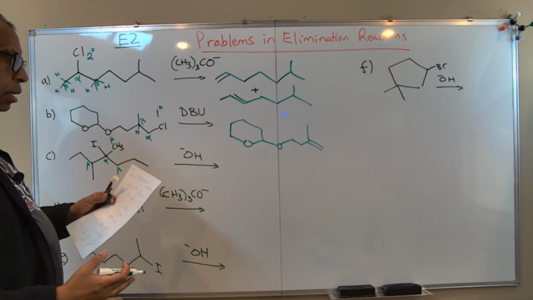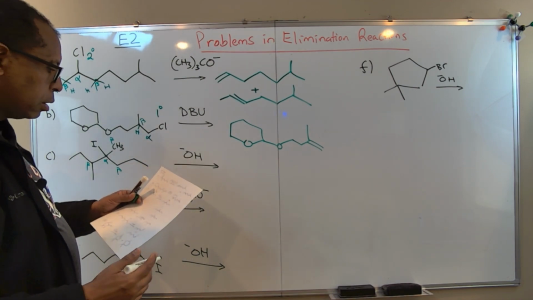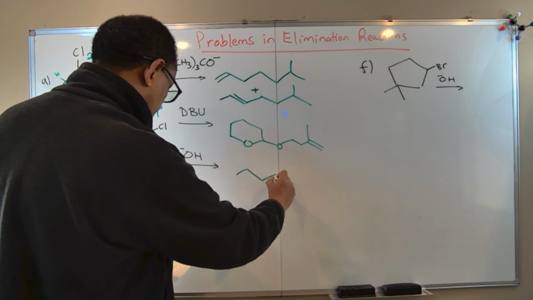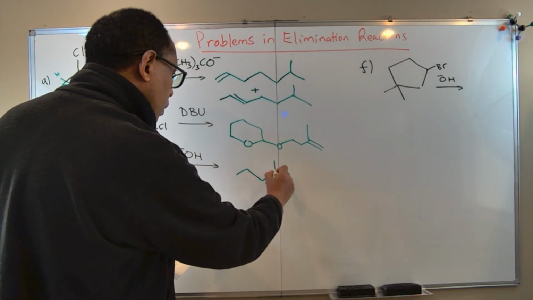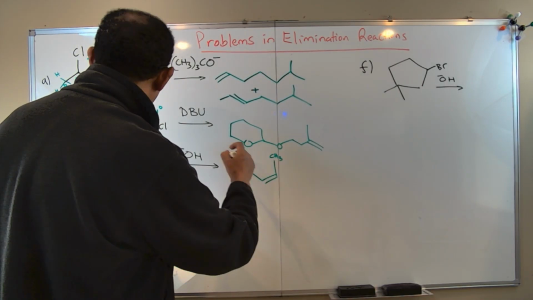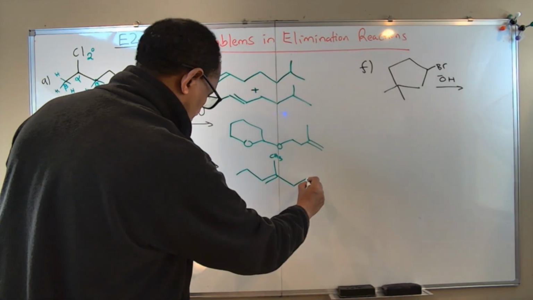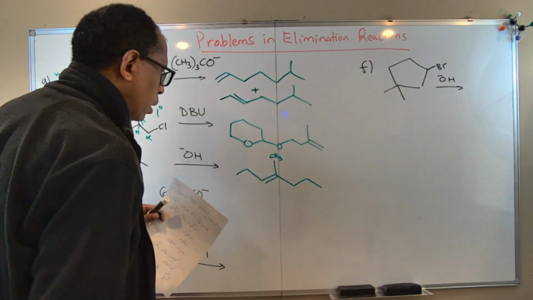So let me list down all the 3 possible products. So you have this CH3, which is that CH3. This is one product.